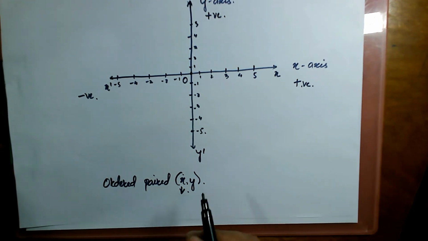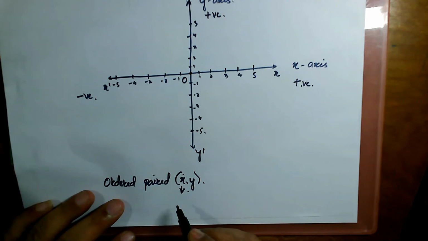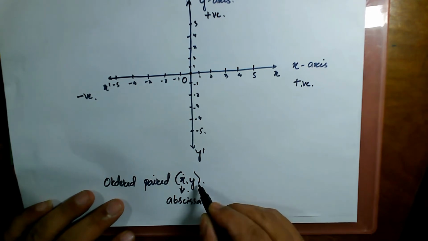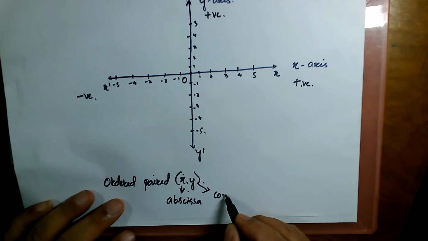And the second one is the y. y is known as the ordinate. So x is the abscissa, and y is known as the ordinate.